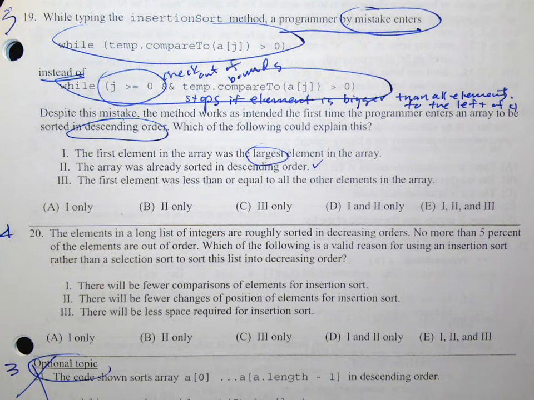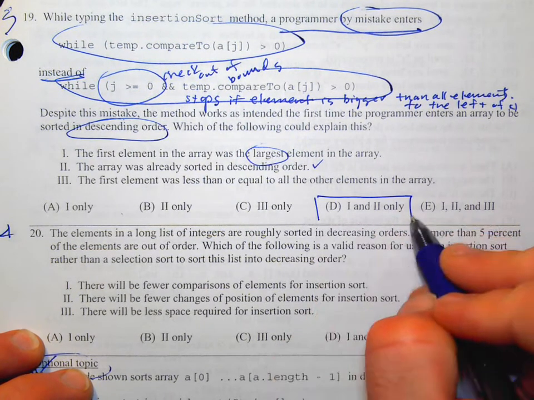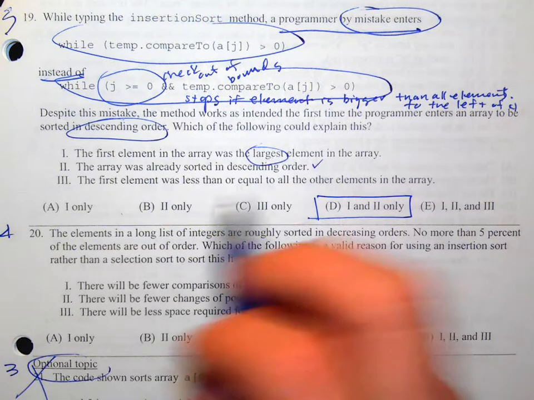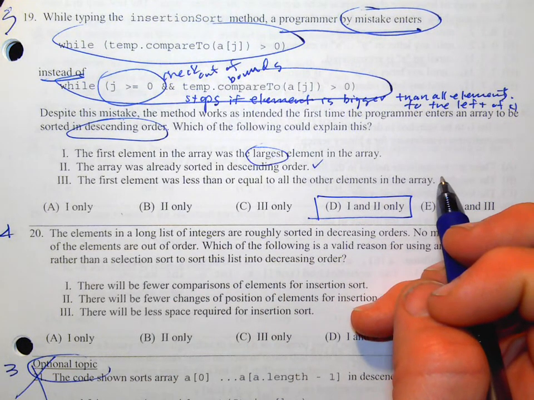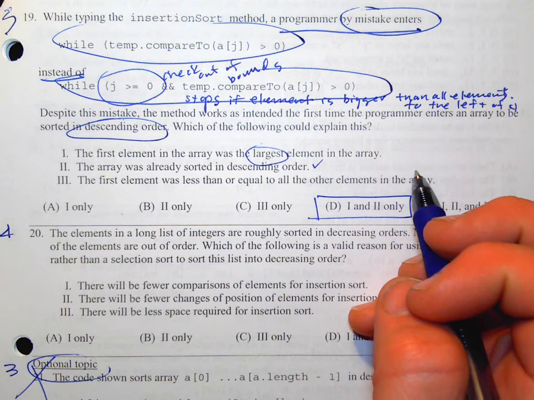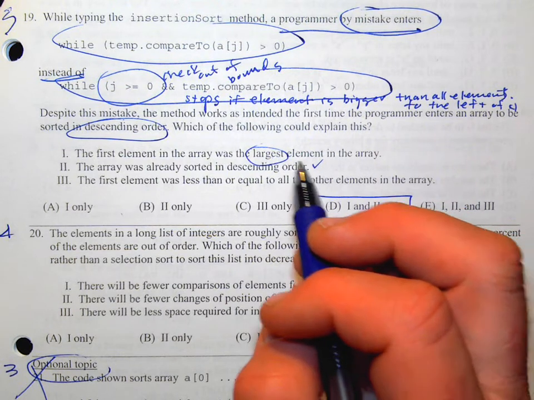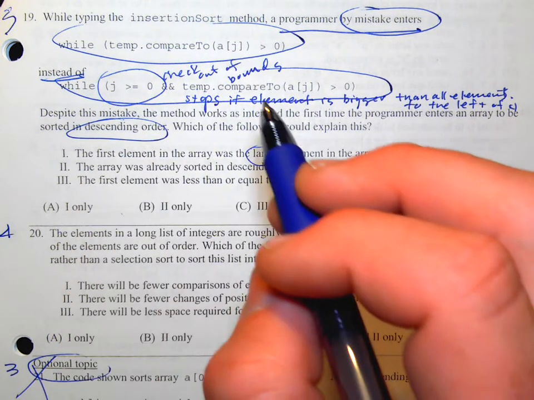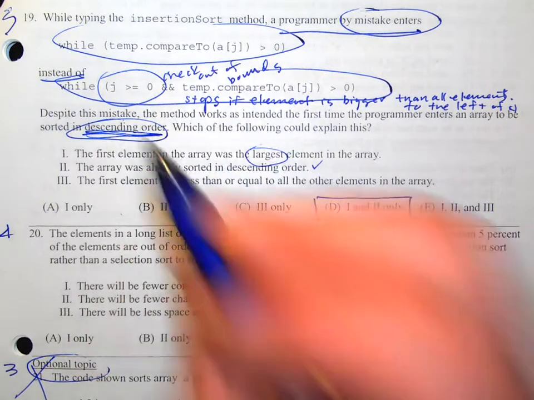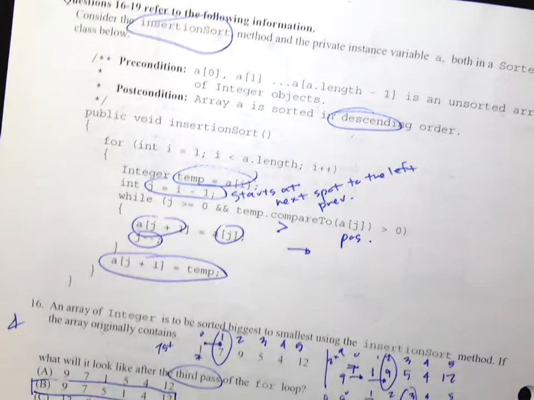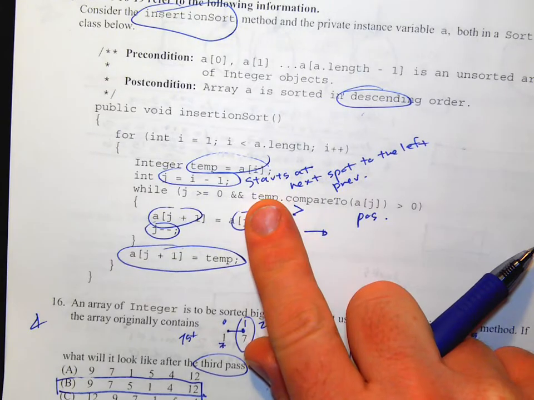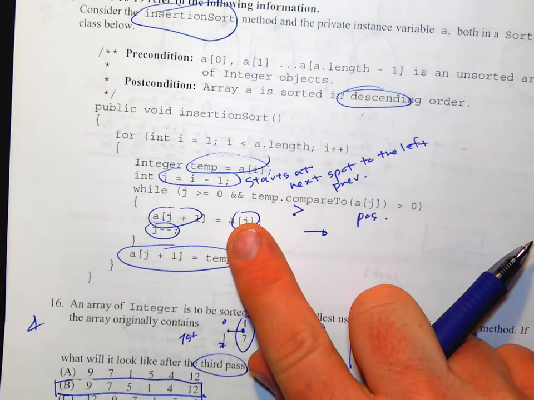The right answer, by the way, is D. It's 1 and 2. The first element was less than or equal to all the other elements in the array. That's the other case. We're trying to go descending order. And didn't they give us the code? So this is the code right here, right?